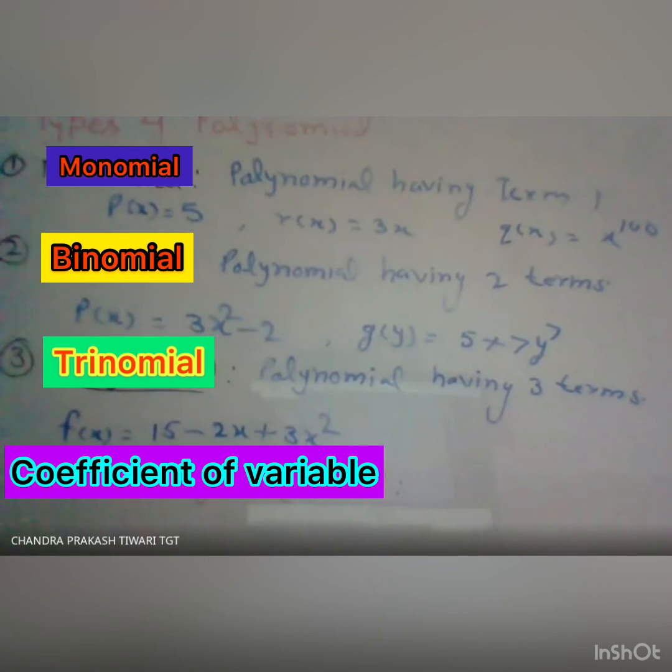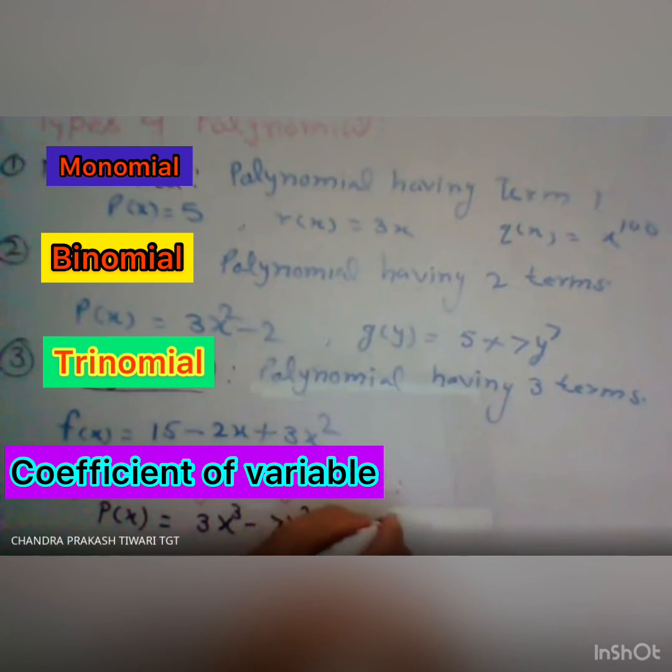Let us try to understand it with an example. Let this be a polynomial p(x) equal to 3x cube minus 7x square plus 5x plus 18.